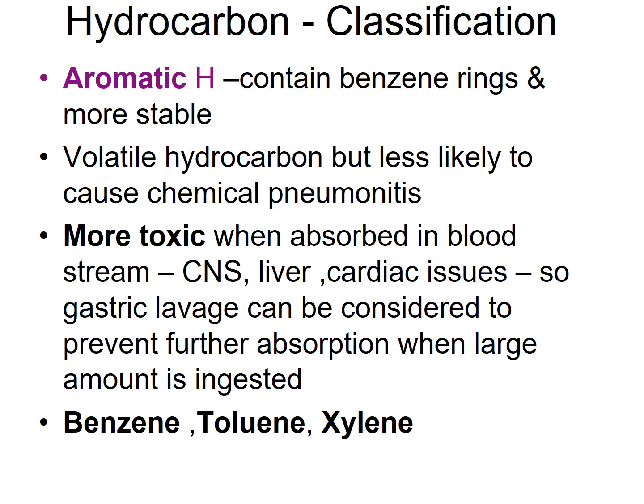That is, if it is in the stomach, it gets absorbed in the bloodstream, leading to CNS, liver, and cardiac manifestations. So when a large amount of aromatic hydrocarbon is ingested, and if the child is brought within less than 1 hour, you can do gastric lavage in these conditions, but with very special care.